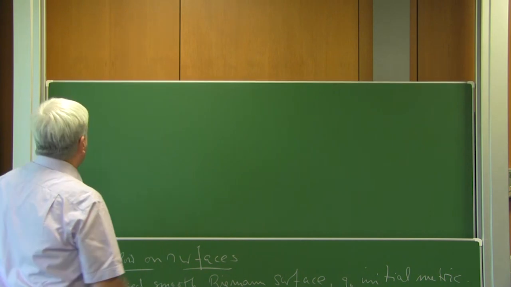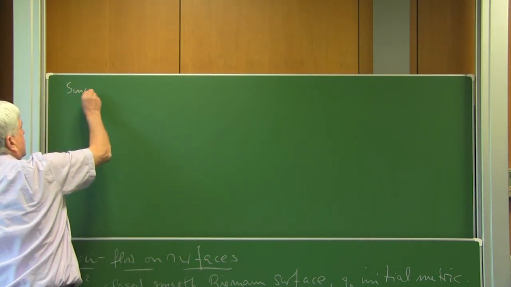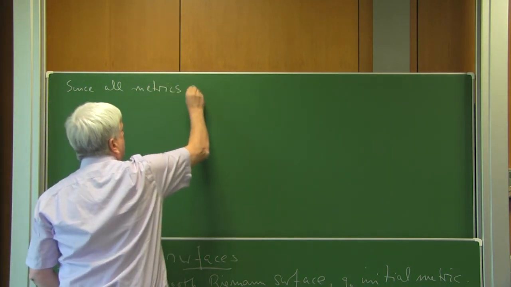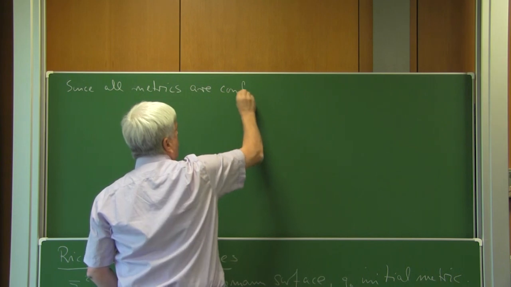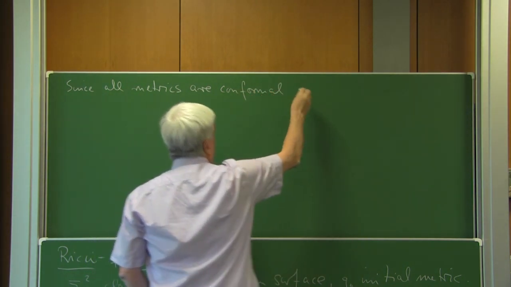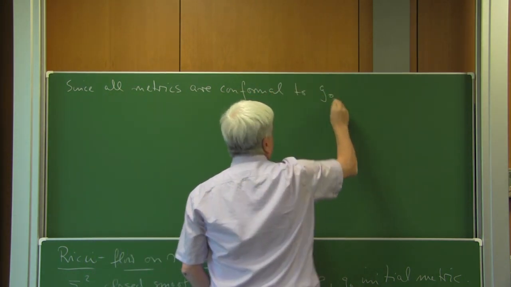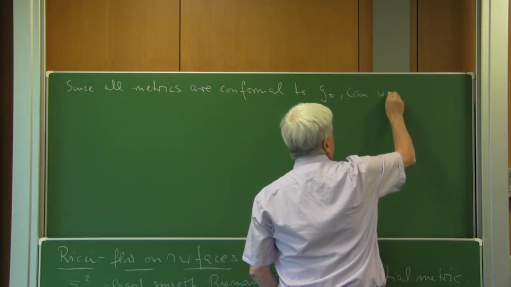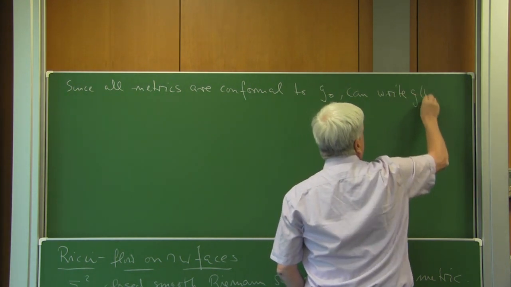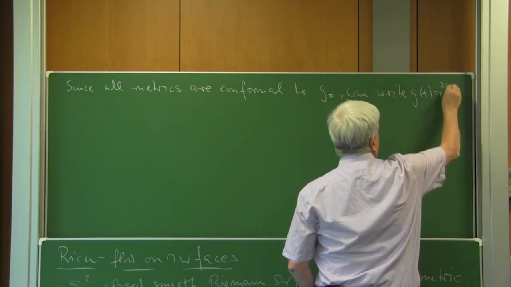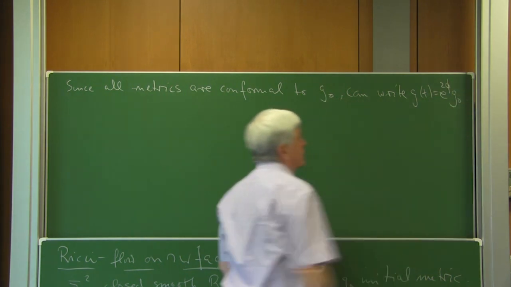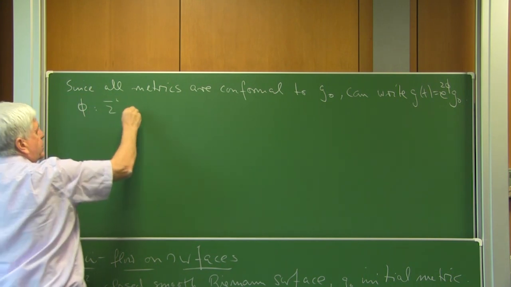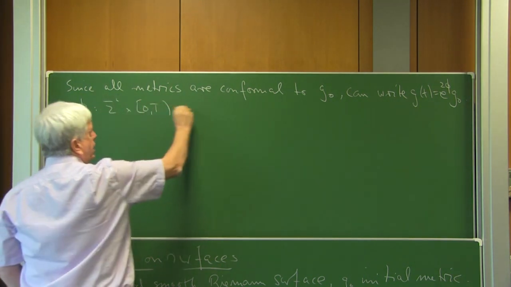Namely, we can do the following: since all metrics are conformal to g_0, we can write g(t) equals e to the 2φ times g_0, for some scalar function φ from the two-surface cross time into R.